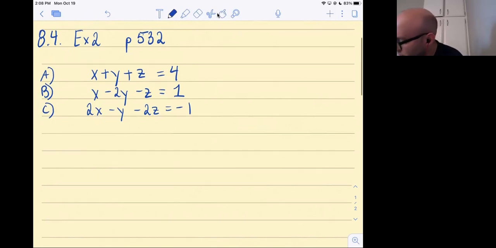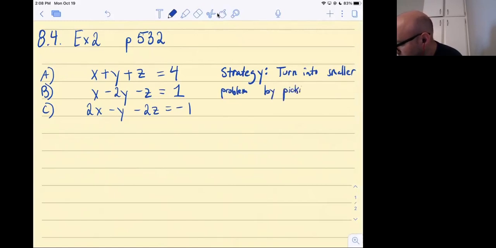So the strategy is to turn it into a smaller problem by picking 2 pairs of equations and eliminating the same variable.